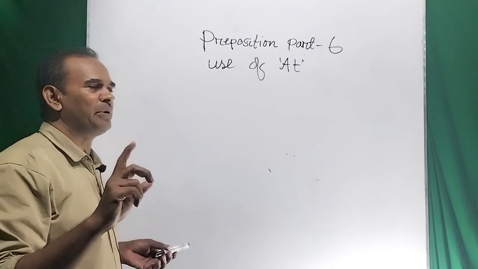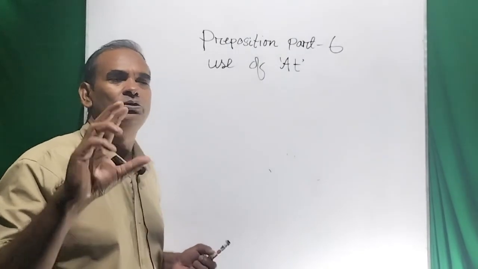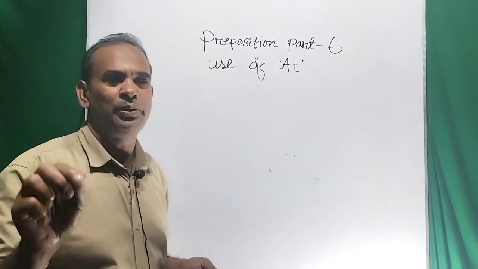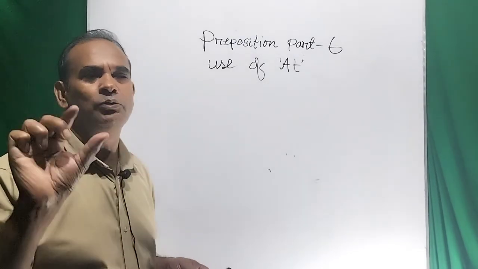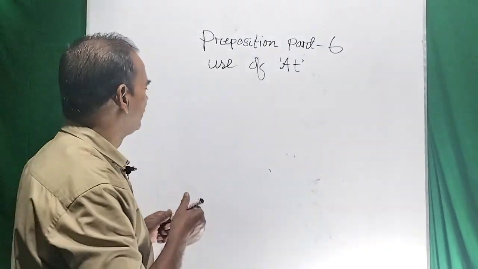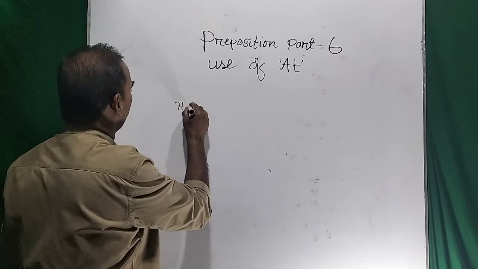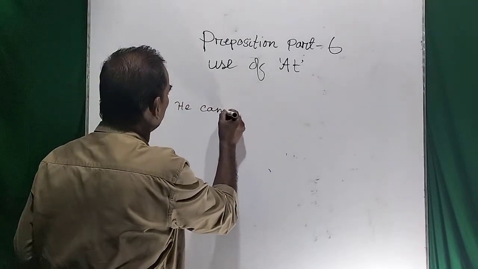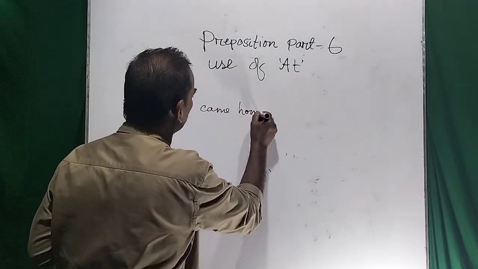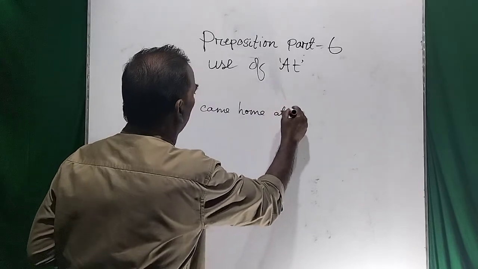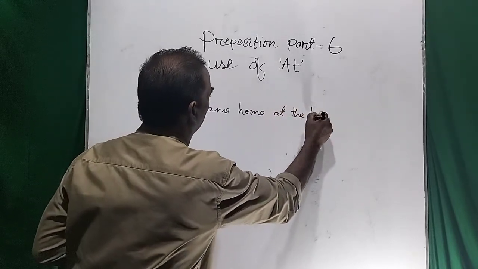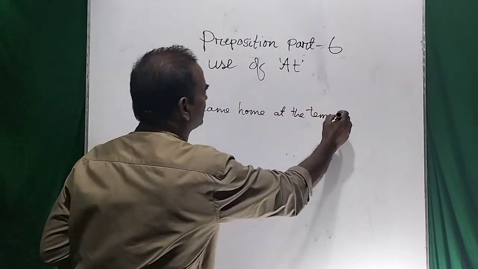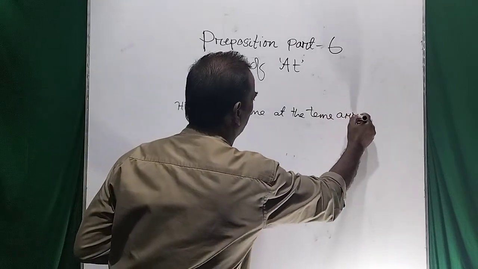The sense may be not before, not after. To mean not before, not after, we can use at the time arranged. So he came home at the time arranged. At the time arranged.